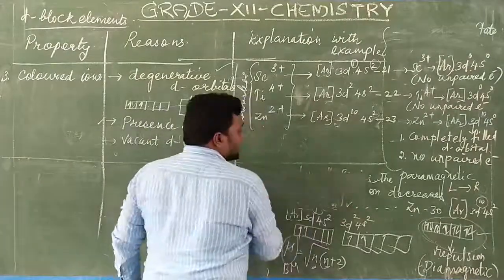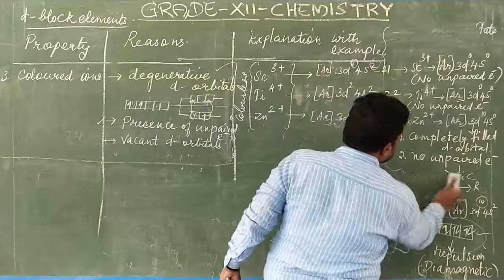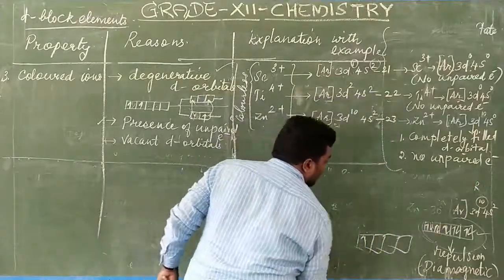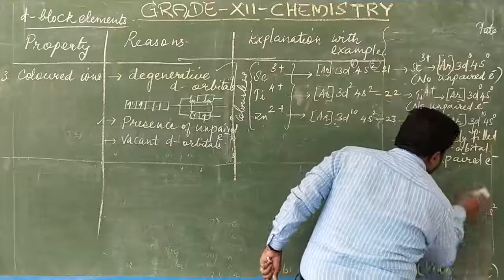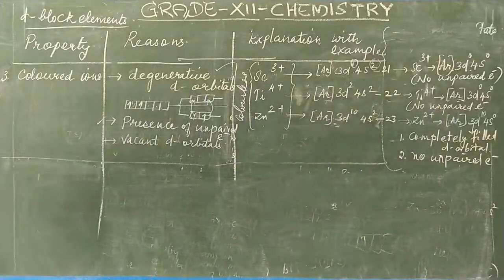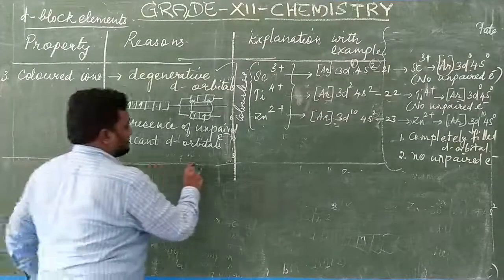What is a catalyst? A catalyst is a chemical substance which has a tendency of enhancing the rate of a chemical reaction, but it does not take part in the chemical reaction. Okay, now we will see.